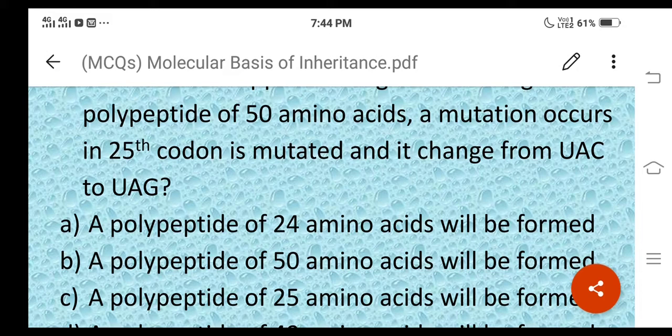If there is a mutation in one codon, a polypeptide of 24 amino acids will be formed, because one codon codes for one amino acid, right? So option A is the correct answer.